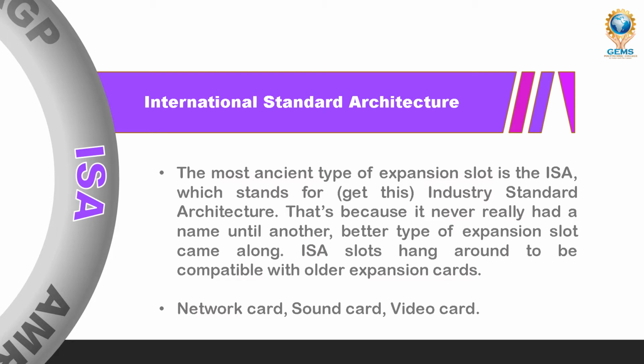The speed of the ISA slot is up to 8 or 16 bit. We can connect up to 6 devices in an ISA slot, and its speed is 8 MB per second. And ISA slots are the parallel type of slots.